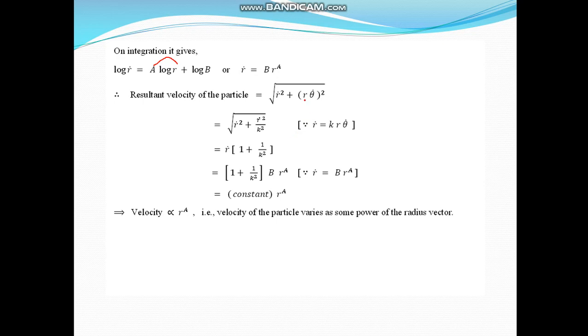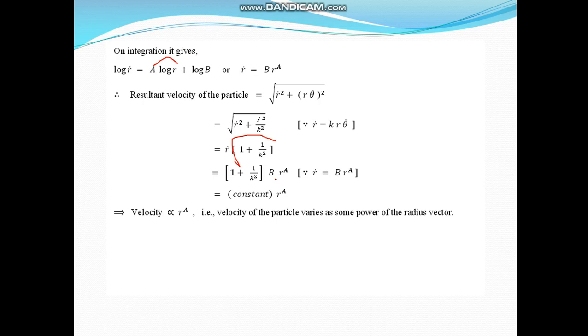Now the resultant velocity of the particle: velocity has two components, under root of the sum of squares. Now let us substitute here the value of r theta dot, that is r dot square upon k square. r dot square common, we bring r dot outside the root, 1 plus 1 upon k square. Now we brought r dot outside, so here it is, actually it is under root here equal to this.